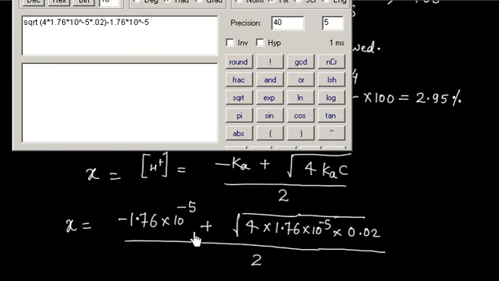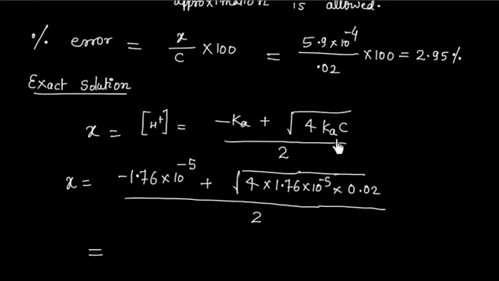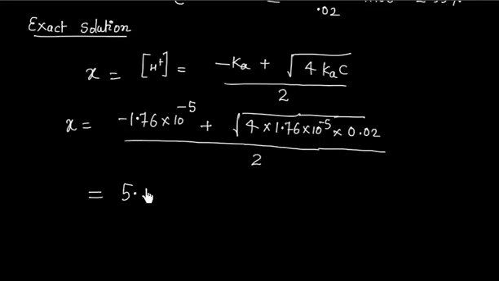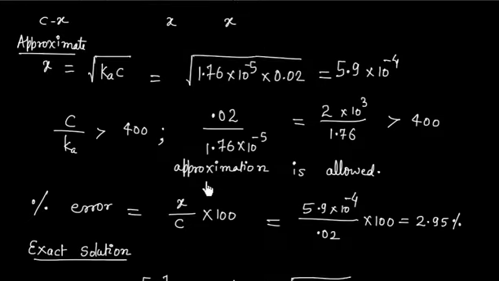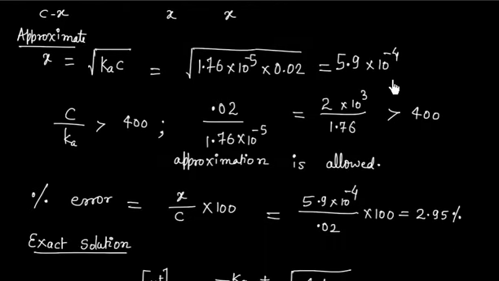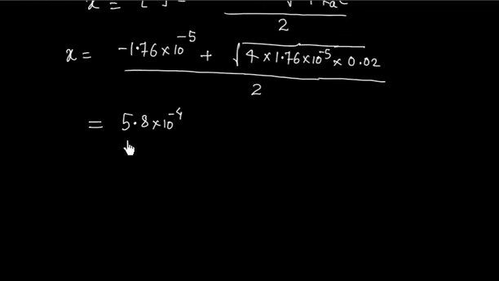So this value is 0.0058. So this value basically I can write as 5.8 into 10 to the power minus 4. You see, what is the value from the approximate method? The approximate method gives 5.9 into 10 to the power minus 4. This value is coming out to be 5.8 into 10 to the power minus 4.